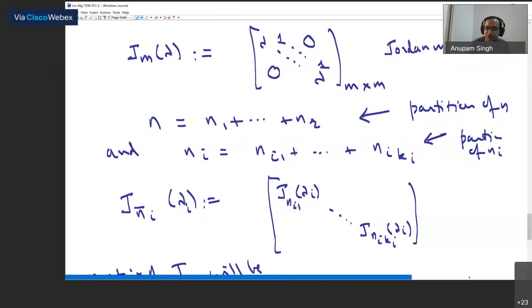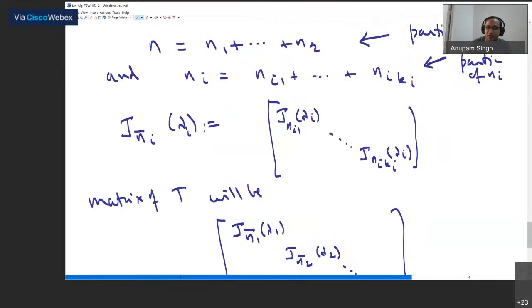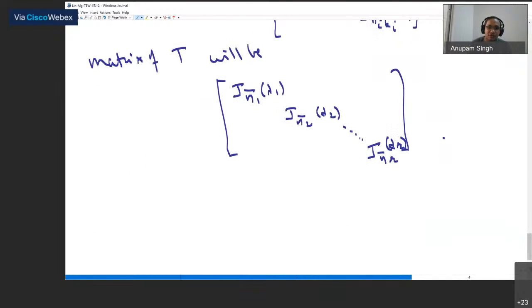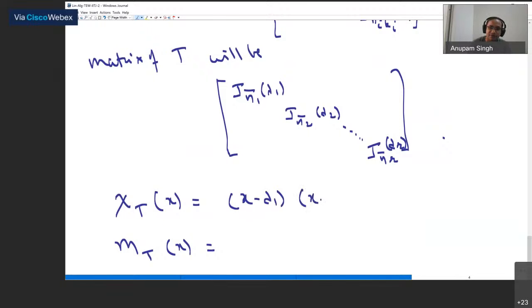In fact, this n1, n2, nr you can see in the characteristic polynomial itself. So if you look at the characteristic polynomial of T, and let's say this is the minimal polynomial of T, this will be (x minus lambda 1) to some power, (x minus lambda 2) to some power, up to (x minus lambda r). So what will be these powers? That should reflect in what we have got above.